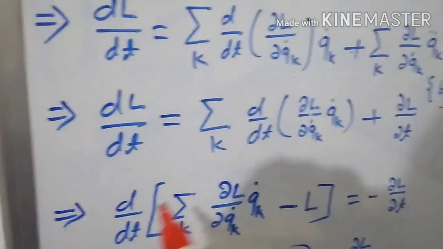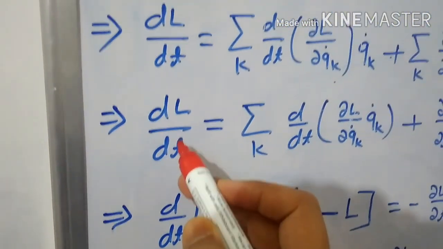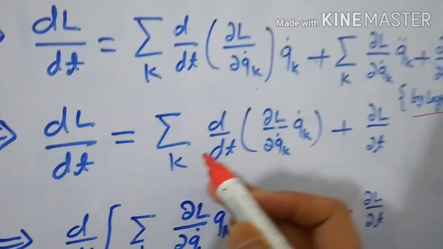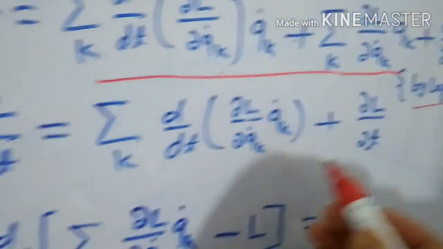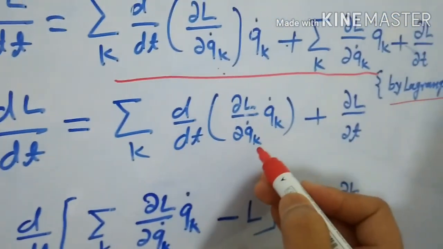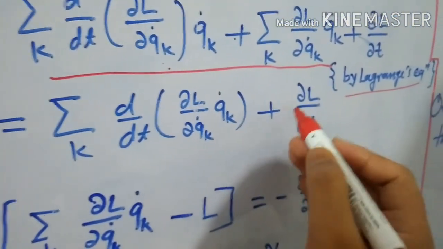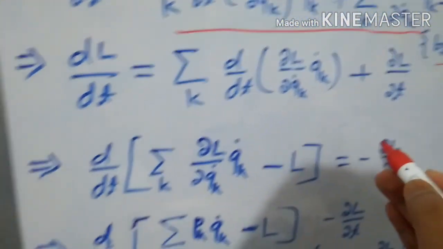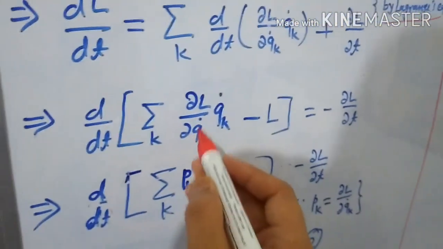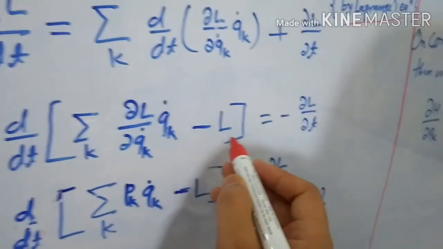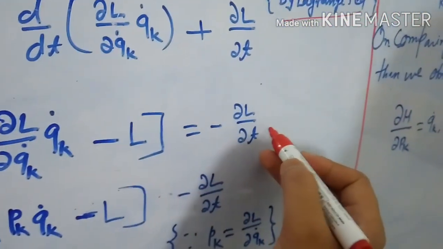That implies dL upon dt is equal to summation k, and these two terms may be written as d by dt of del L upon del qk dot into qk dot, plus del L upon del t. That implies d by dt of summation k del L upon del qk dot qk dot minus L is equal to minus del L upon del t.